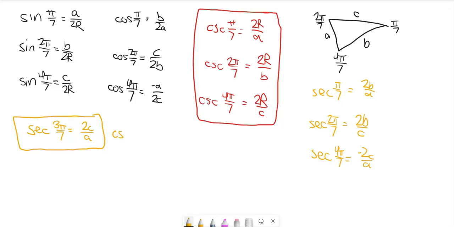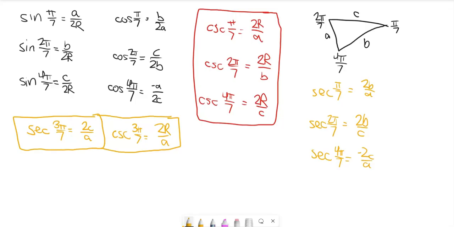And the cosecant of 3 pi over 7 is also going to be 2r over a, again because the sine of 4 pi over 7 equals the sine of pi minus 4 pi over 7, which equals the sine of 3 pi over 7. The reciprocal relationship works that way as well.